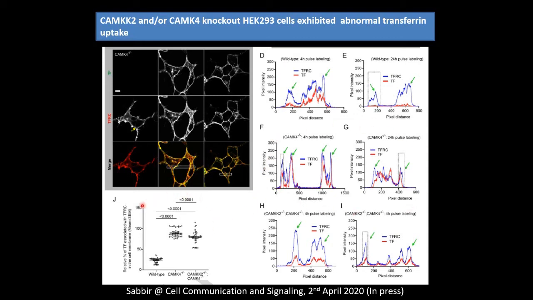This quantification revealed that a significantly increased amount of transferrin was associated with the membranes in CAMK4 or double knockout cells compared to the wild-type cells. These datasets represent another line of evidence that loss of CAMKK2 and CAMK4 signaling affects transferrin trafficking and uptake.